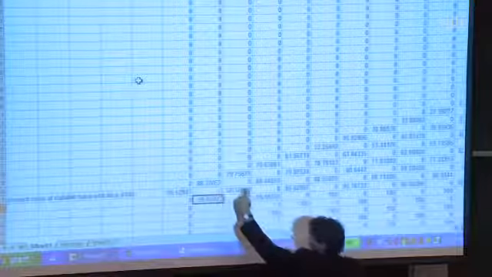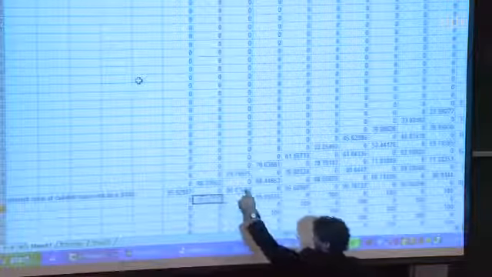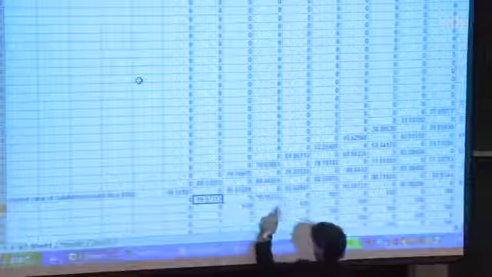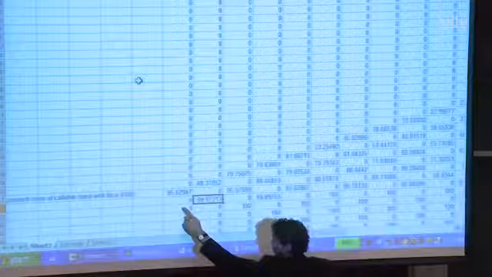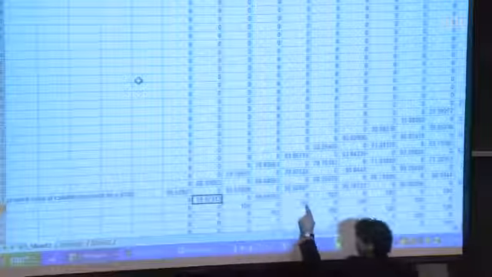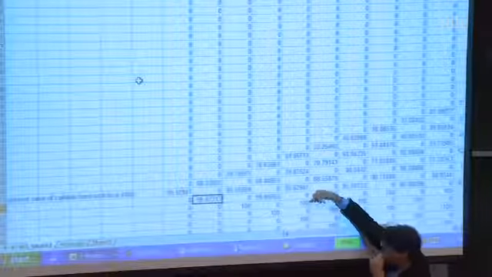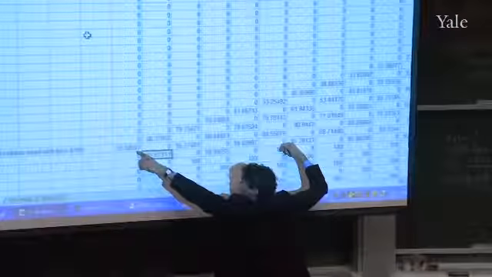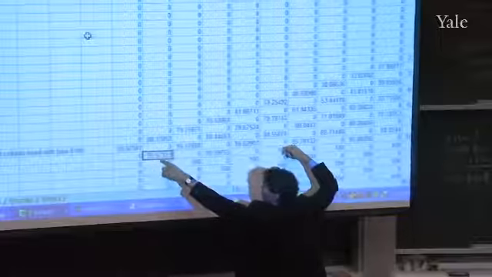On the other hand, if things had stayed the same for a few years, and then in year 5, how many years have we got here? Year 0, 1, 2, 3, 4. If in year 5 the interest rate goes down to 6.8%, you will call. In year 1, if the interest rate went down from 8% to 6.8%, you wouldn't call.